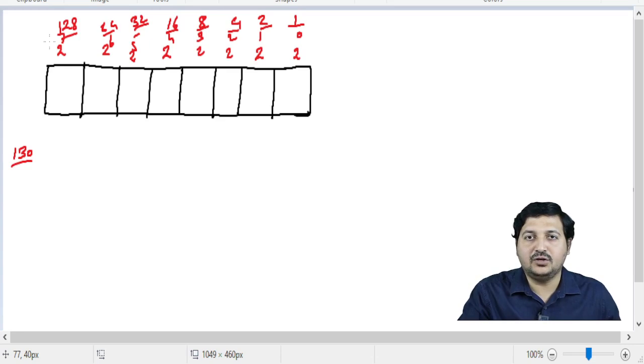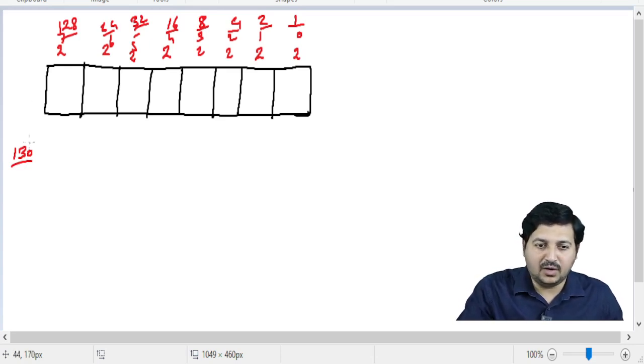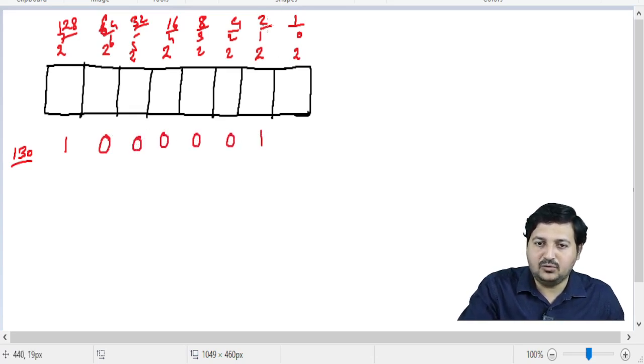If not, we place 0. For 130, yes, I can take 128 and place 1. Then 64 I cannot take, because I still require only 2. So we make it 0, 0, 0, 0, 0, and then 1 in the 2 place.